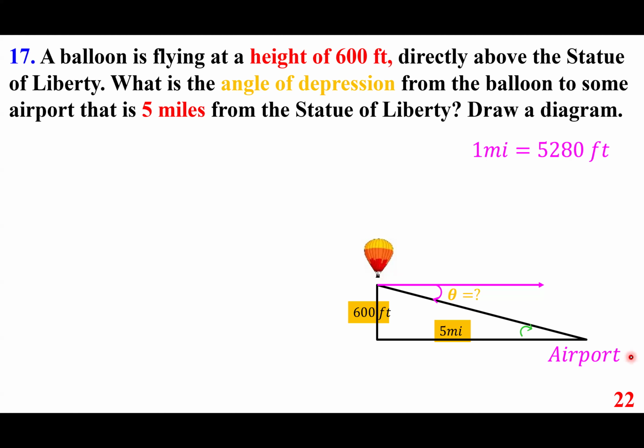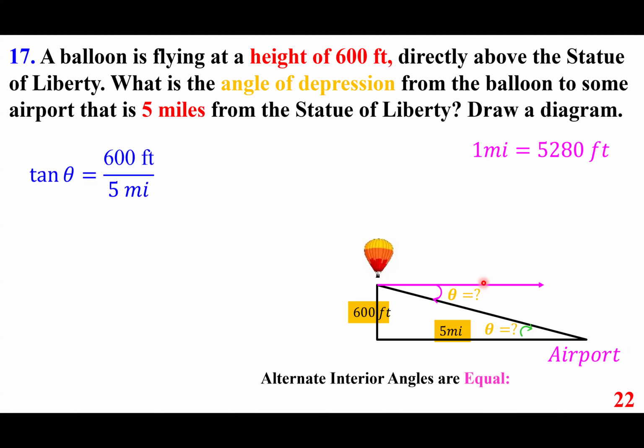So alternate interior angles. So this angle, tan of theta is the opposite 600 over the adjacent 5 miles. So this is the same as theta. Okay, alternate interior angles are equal, as it was mentioned.